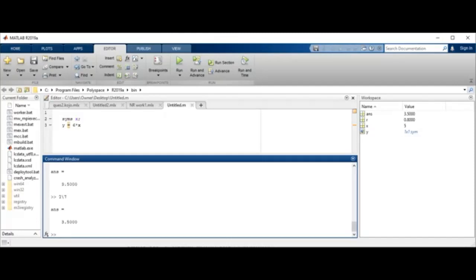And that still gives us 3.5. Meaning, if you are using backslash, you have to change the positions of the division. It means that 2 will go and divide 7, even though 2 is starting the division, if you use backslash.